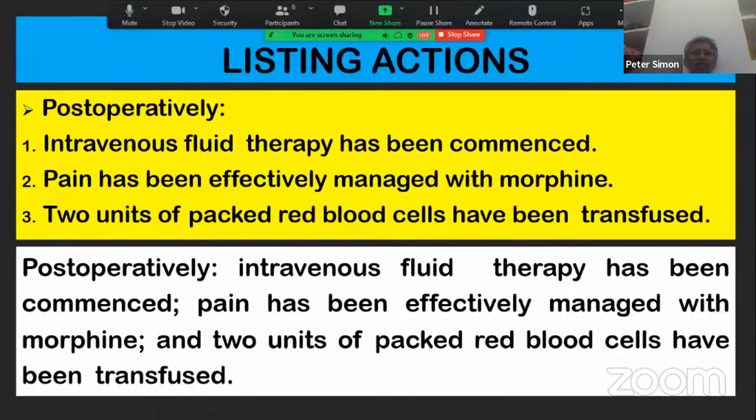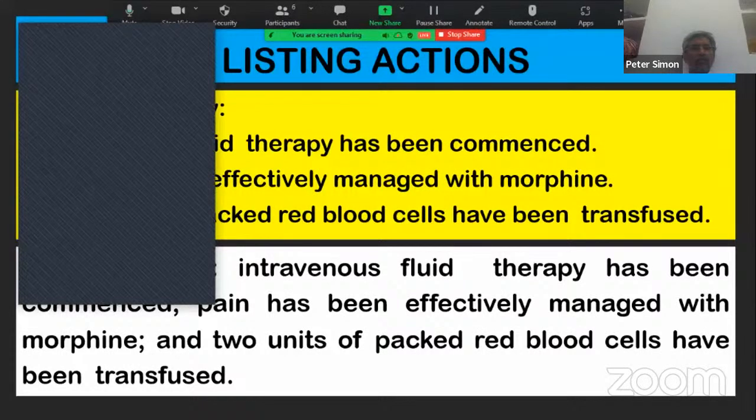Write 3 different sentences or write 1 sentence. And post-operatively, you can add it to the first sentence if you are separating. So you can tell me, is the concept clear? Concept of listing things.